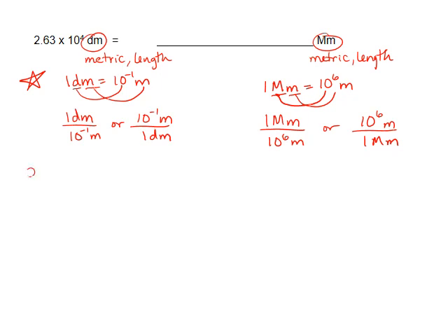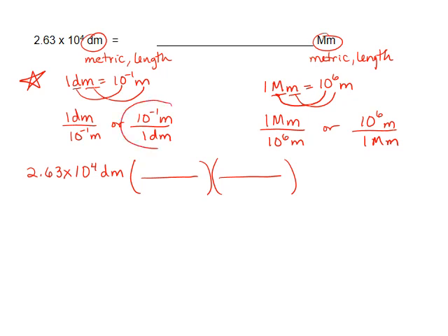Next, we write the given information with its associated units. We have 2.63 times 10 to the fourth decimeters, and we want to convert that to megameters. So we need to choose conversion factors, we'll need 2 in this case, from our set above to convert decimeters to megameters.